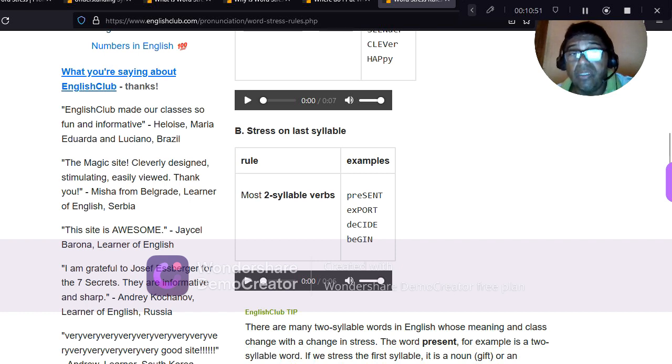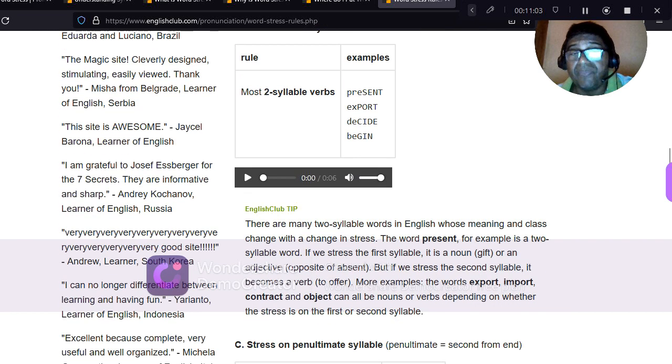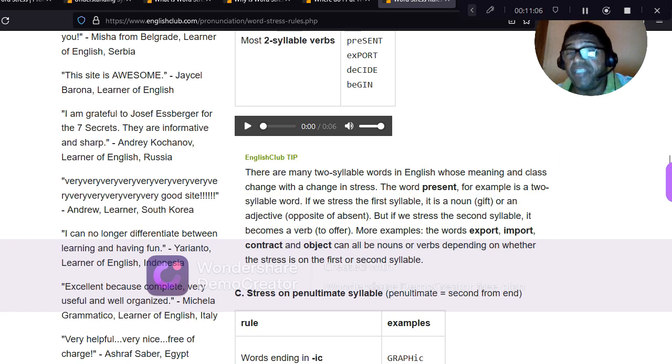Stress on last syllable. Rule: most two-syllable verbs will have the stress on the second syllable. Examples: present, in this case it will be present, export, decide, begin. There are many two-syllable words in English whose meaning and class change with a change in stress. The word present, for example, is a two-syllable word.